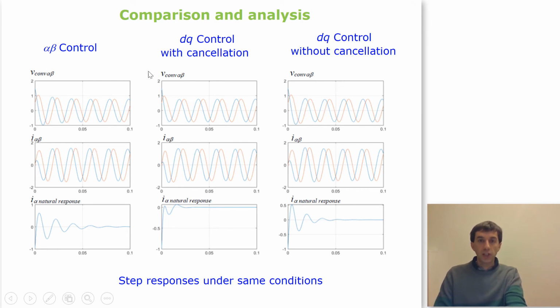There are not big differences, so it's not easy to find the difference here, but if we check the natural responses, we see how different the transient responses or the natural responses are. However, the steady states are equal. These parts are the steady state, and the transient for this control with cancellation, or the natural response, is extinguished in shorter time than in the other two controls.